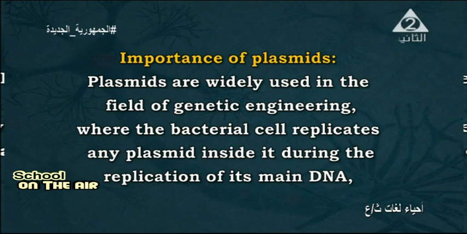This means that if you talk about genetic engineering or genes, you must describe the DNA, and the plasmid is the simplest form of DNA structure, where the bacterial cell replicates any plasmid inside it during replication of its main DNA. Now we describe the plasmid again in genetic engineering or DNA structure.